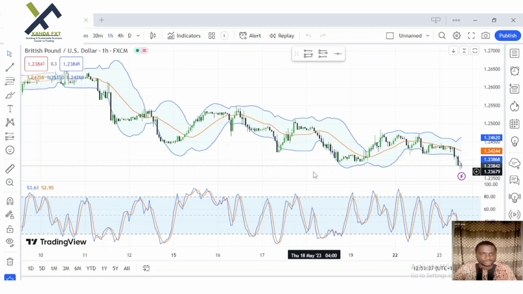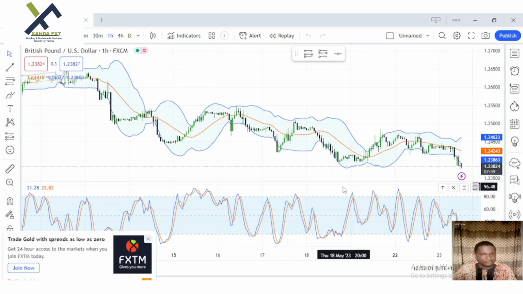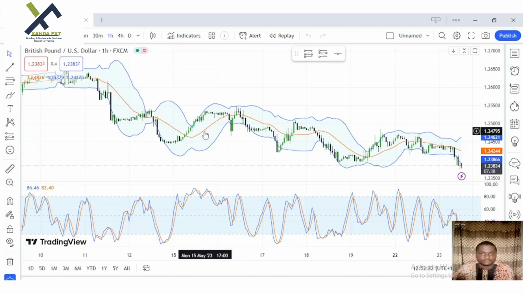What is Bollinger Band? Bollinger Band is an indicator that changes its shape based on the current price action, measuring the momentum and the volatility of the market trend. Bollinger Band comes in three bands: the upper band, the middle band, and the lower band. The middle band is the 20 moving average.